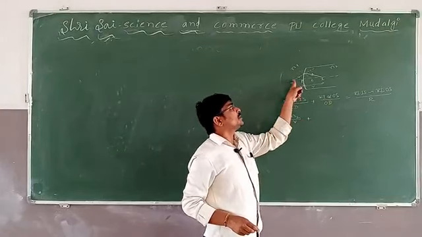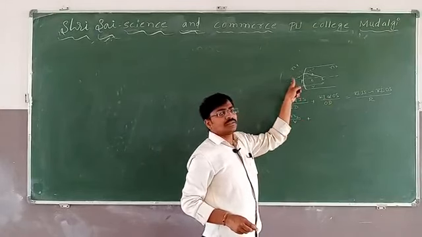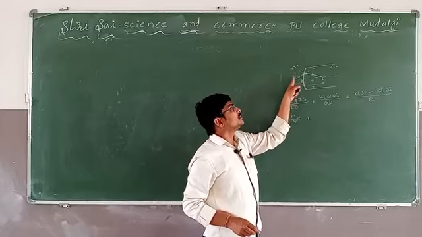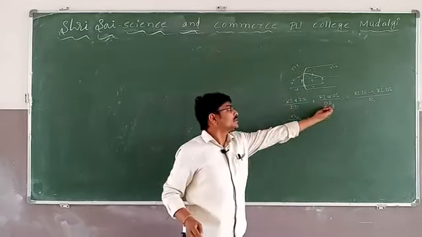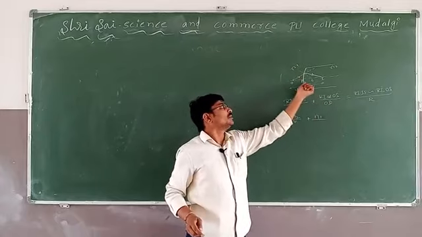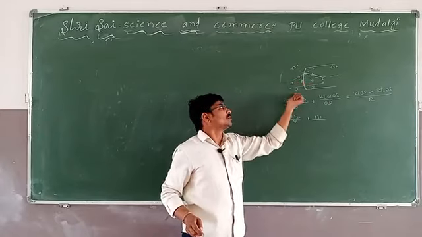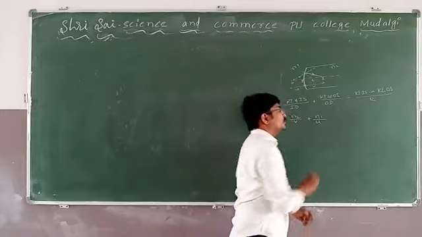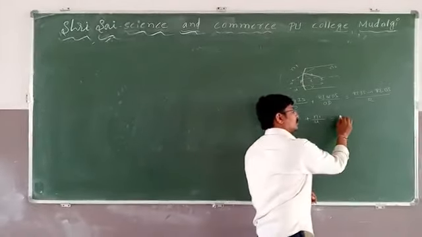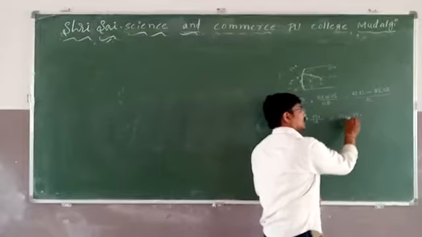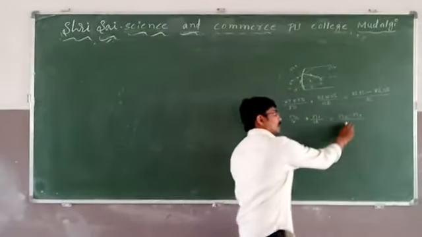The object is here. What is the refractive index of this object space? n1. Therefore n1 divided by the object distance. OD means object distance, from here to here, how much? U. Then n2 minus n1, divided by r.